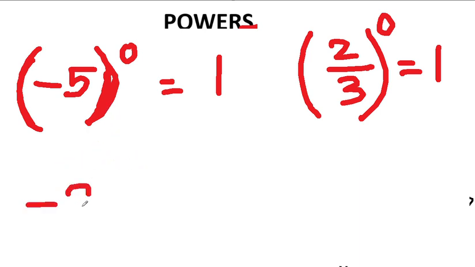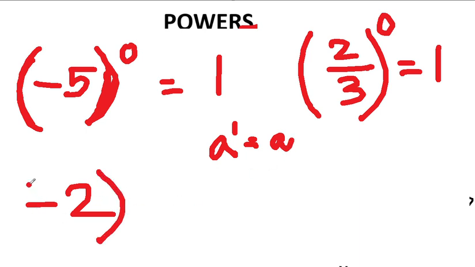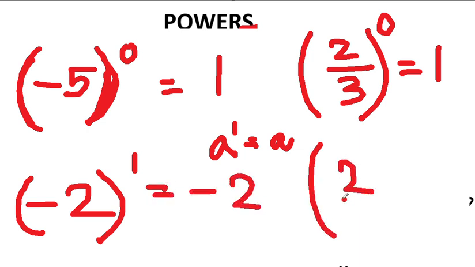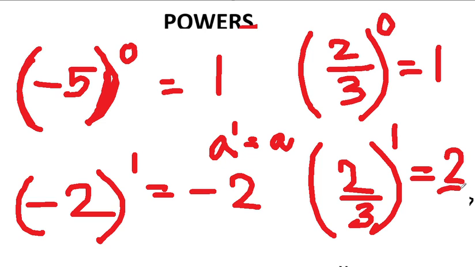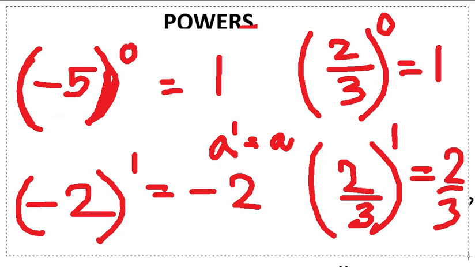For the other example, a raised to the power of 1 is equal to A. So negative 2 raised to the power of 1 will be equal to negative 2. 2/3 raised to the power of 1 will be equal to 2/3. Okay, that is how it goes. So now you know how the powers are going to work. I have shown you different kinds of scenarios with negative numbers, with fractions, and positive numbers.